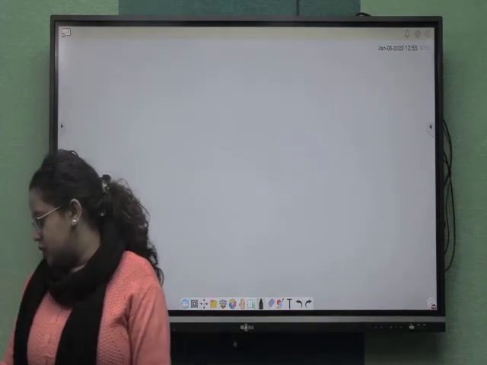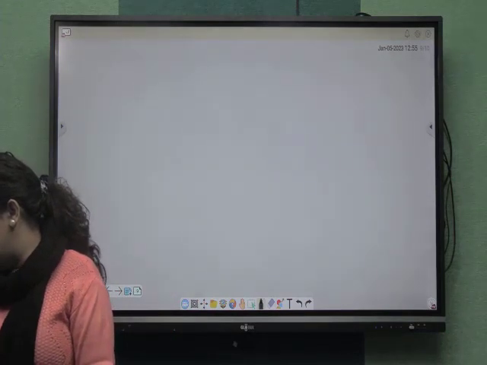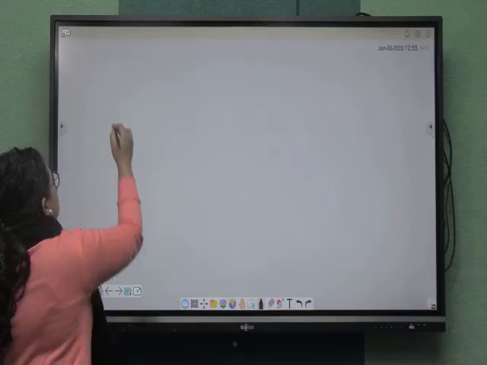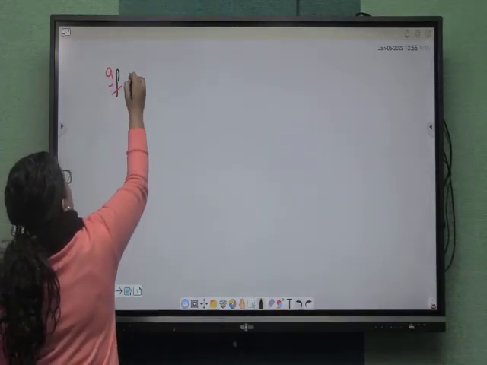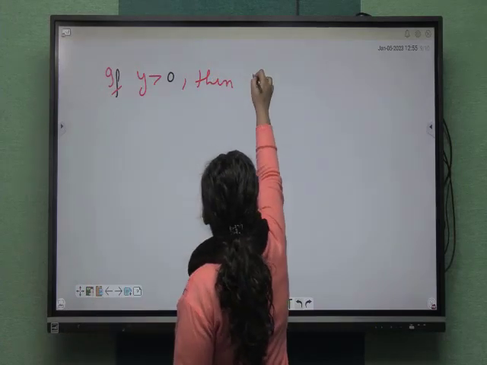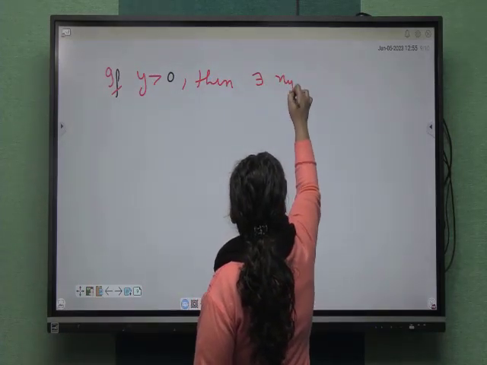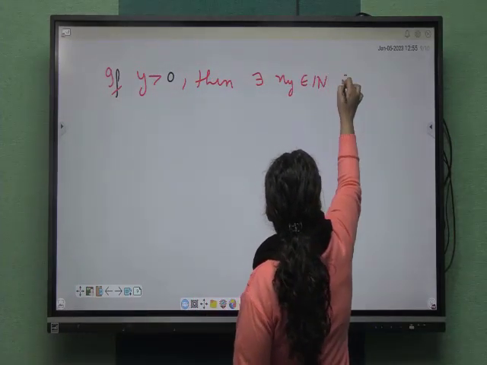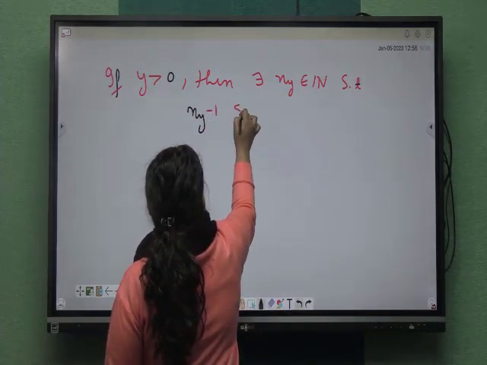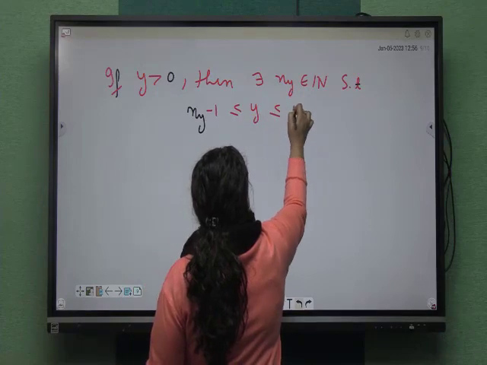So next we have a result which we are precisely going to use in the density theorem. That result is: if y is positive then there exists ny in N such that ny minus 1 is less than or equal to y is less than or equal to ny.